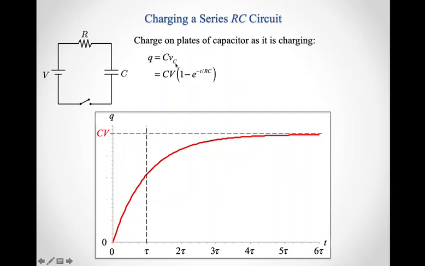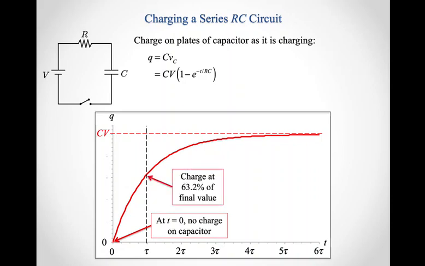When I plug in what the voltage of the capacitor is, basically that just says take C, multiply it times V times 1 minus e to the minus t over RC. And so again, what I see here is that the charge on the capacitor grows, which is what I expect since I know that I'm charging my capacitor in my circuit. Again, it starts at 0. There's no charge on the capacitor at the instant I close the circuit.